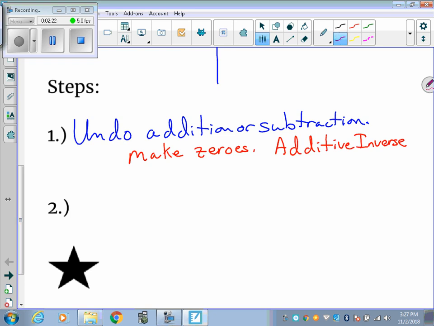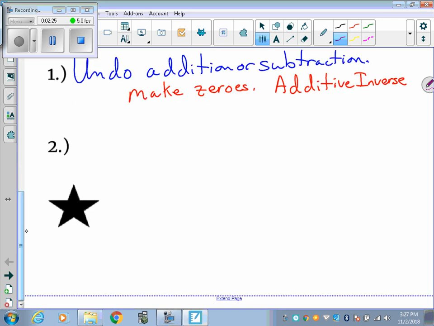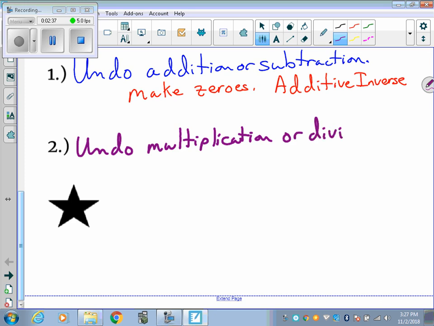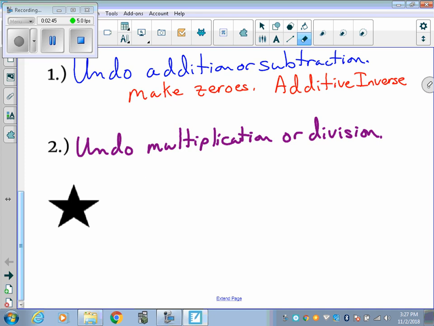For step 2, we want to undo multiplication or division. And in this case, can anybody tell me what we are making? Let me go ahead and do a different color while you're thinking about it.